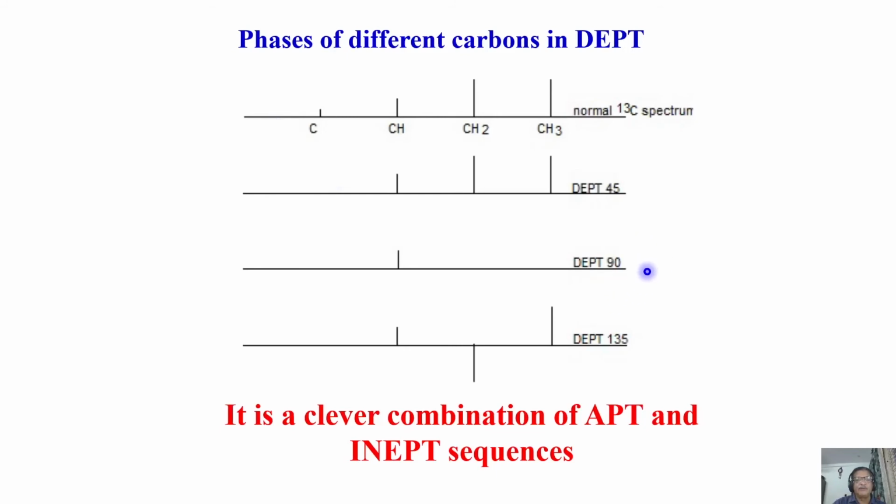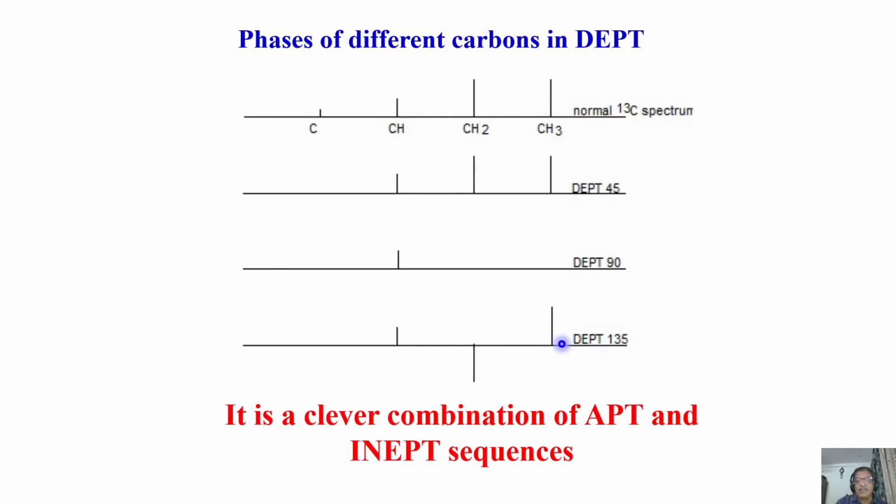Next, DEPT 90 you do, you get only CHs. That means you already identified this because of this, and this because of DEPT 90. Now do DEPT 135. In DEPT 135, CH is positive. All carbons attached to odd numbers of protons are positive. Carbons attached to even numbers of protons are negative. So CH2 is negative, and now you identified this also.